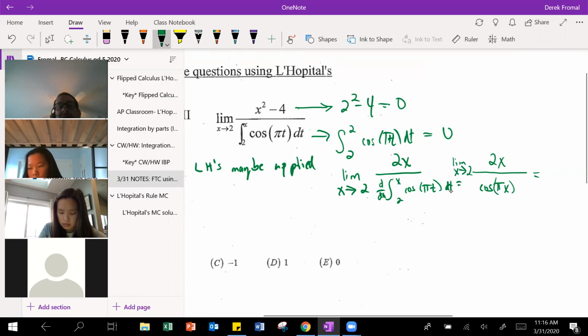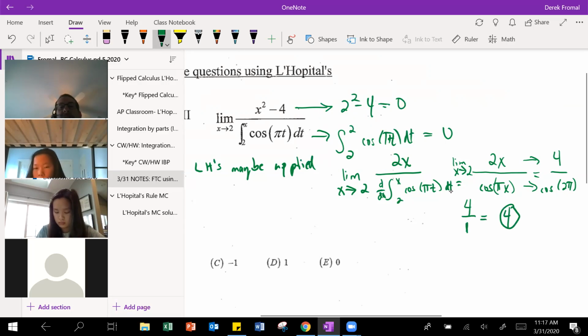As x is approaching 2 now, the top is going to be approaching 4. The bottom is going to be approaching the cosine of 2 pi. As long as those things are not 0, then we're okay. Well, 4 is obviously not 0, and the cosine of 2 pi is 1. So that would be equal to 4 in that case.